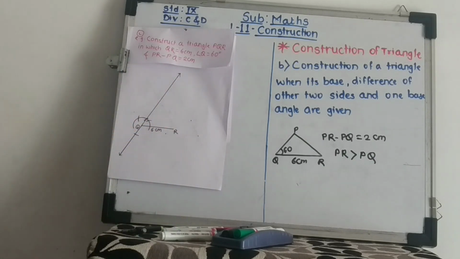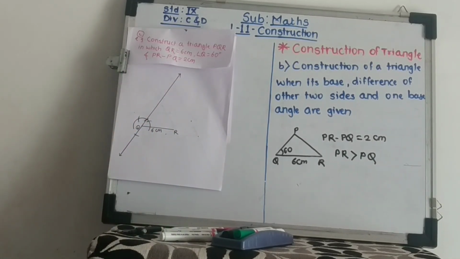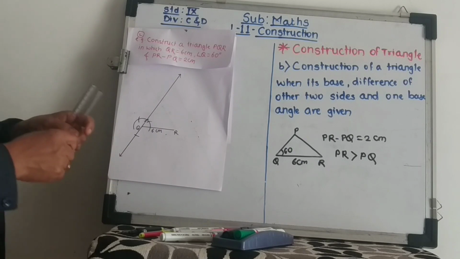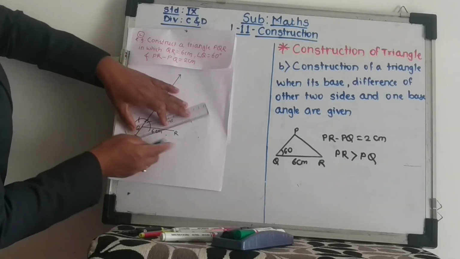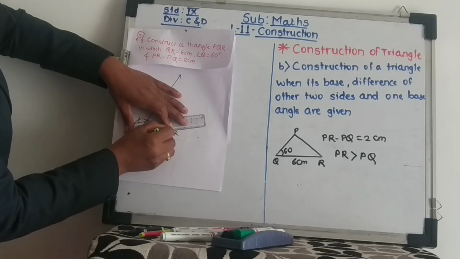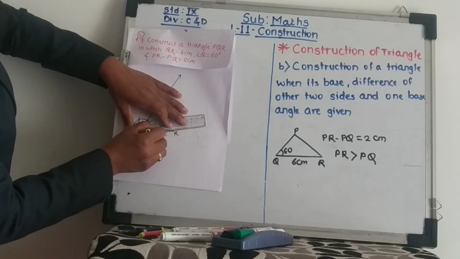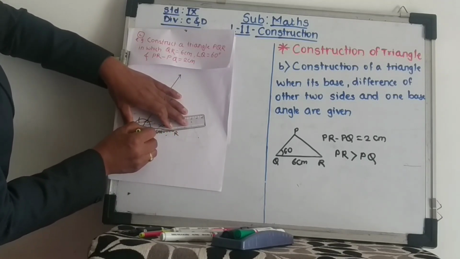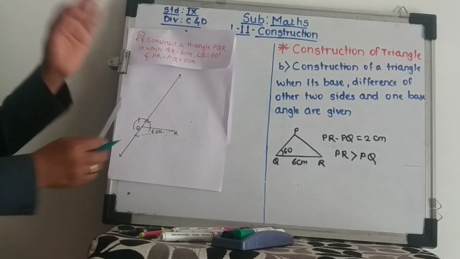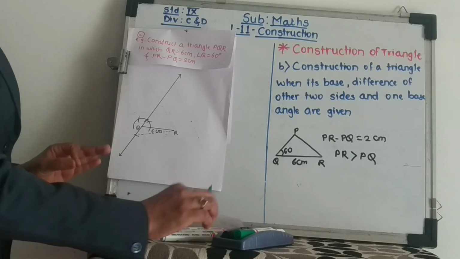Now with the help of a pencil, we will join this new point. Here I'm joining with a sketch pen, but you don't join with a sketch pen or color pen. You use sharp pencils only.